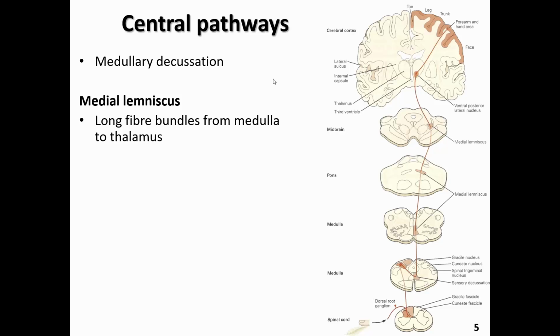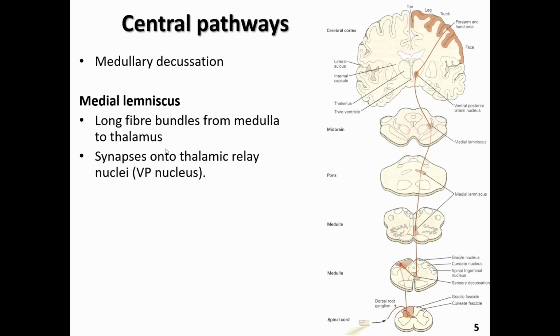And this pathway is summarized as what's called the dorsal column medial lemniscal pathway, or DCML. And so the medial lemniscus is made up of long fiber bundles from the medulla in the brainstem, as illustrated in this picture, that will synapse at the level of the thalamus.